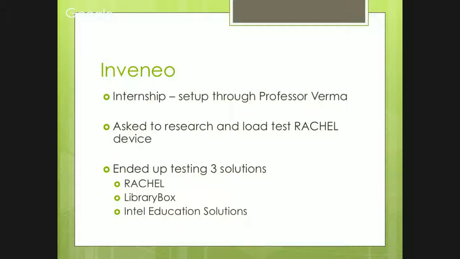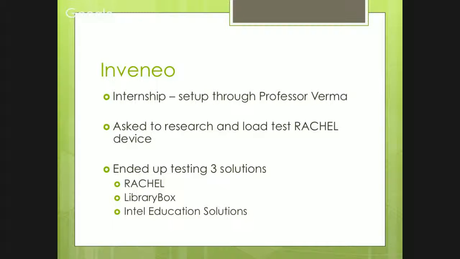So originally, we were asked to test a Raspberry Pi device using Rachel software, which is made by an organization called World Possible, if nobody's heard of it. And Bruce, the executive director of Invenio, is on a board with World Possible. So they have a connection, basically, and that's, I guess, why we were looking at Rachel mostly.